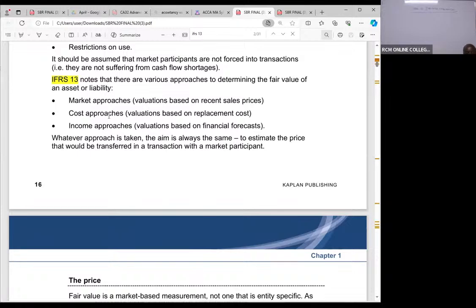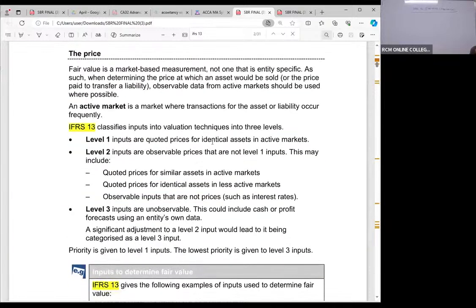So we have three approaches to determining the fair value. You could either make use of the market approach, or you do costing, or you look at the incomes and then discount them. Whatever approach is taken, the aim is always the same: to estimate the price that will be transferred in a transaction with a market participant.